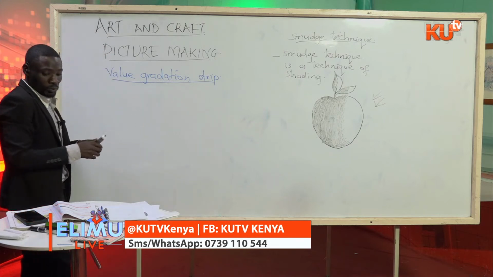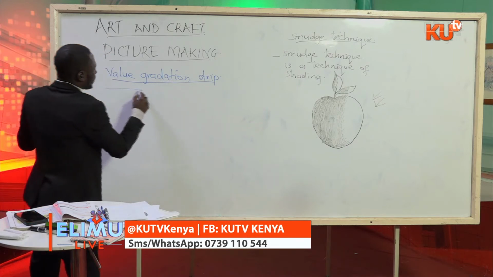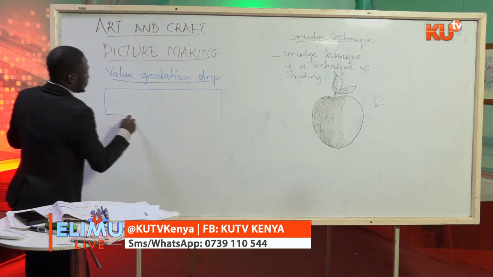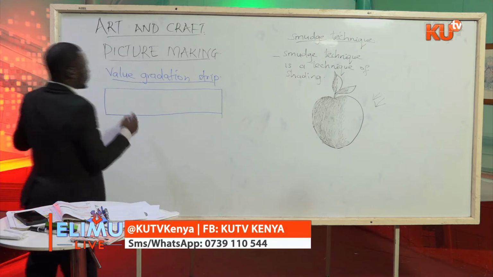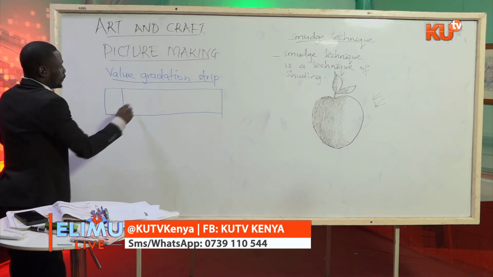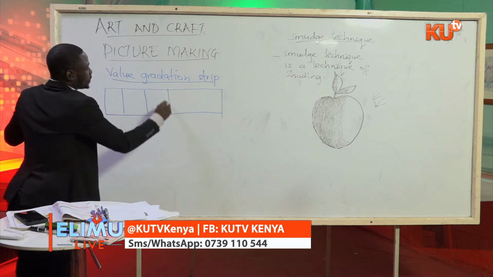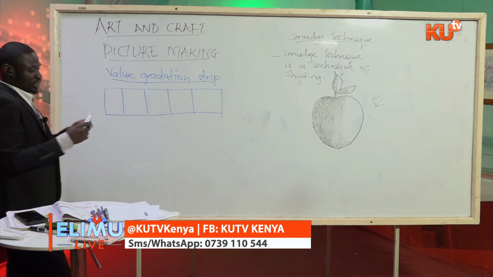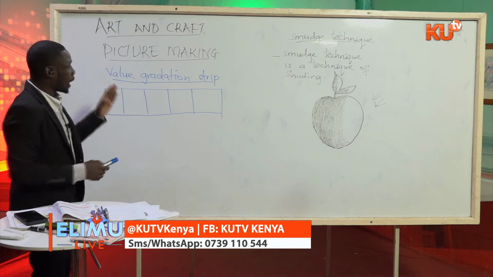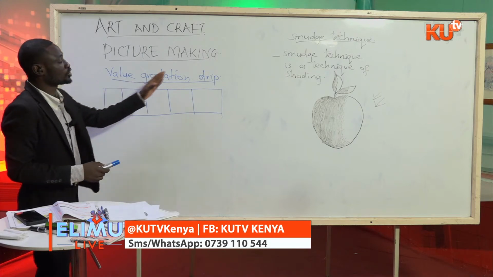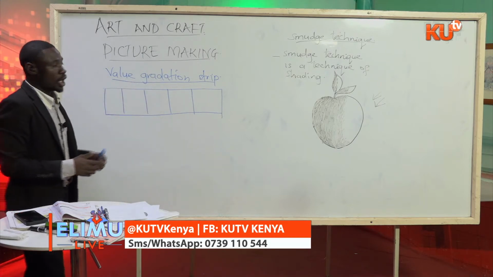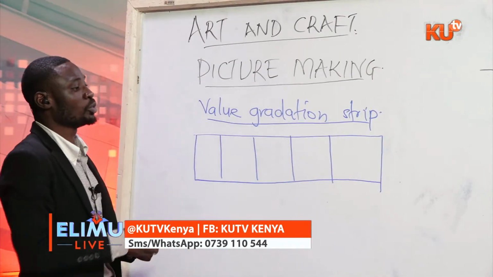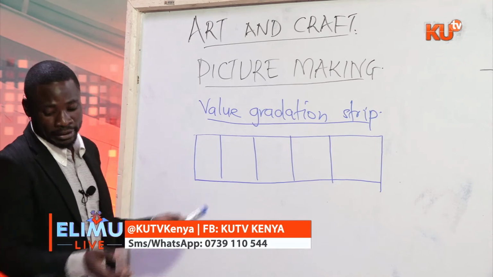So we will draw, and these are strips. For us to come up with a good value gradation strip, we must identify which side is going to be lighter and which side is going to be darker or the darkest.